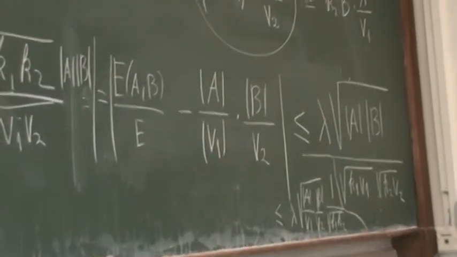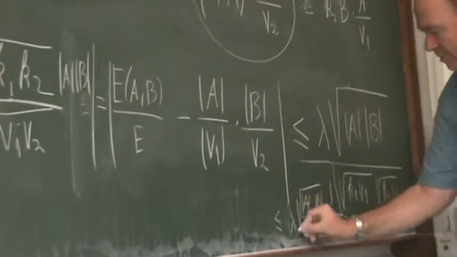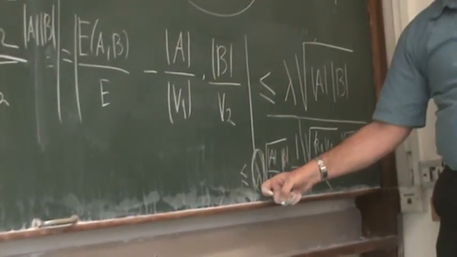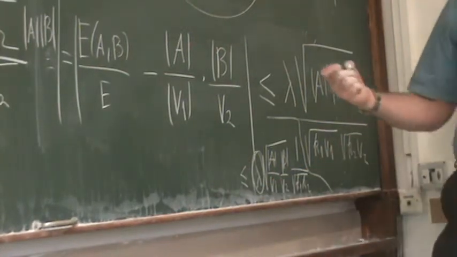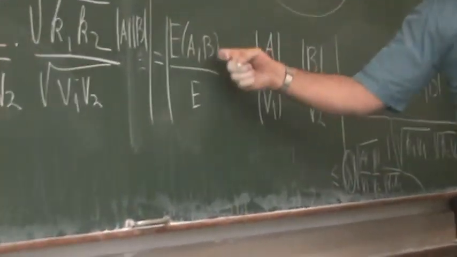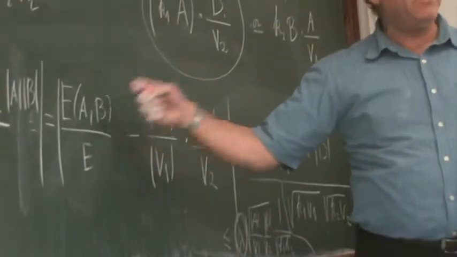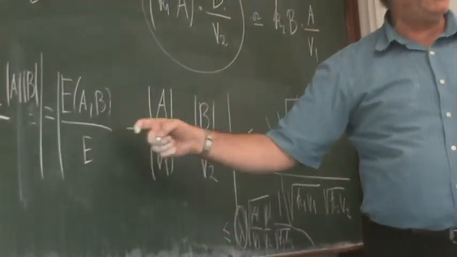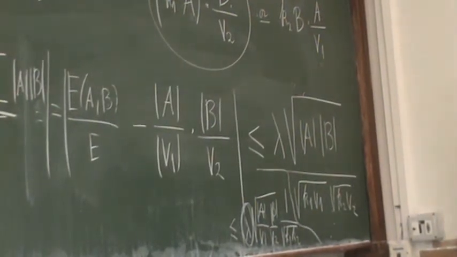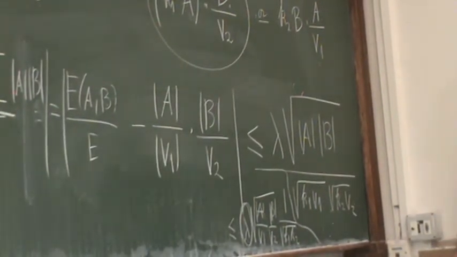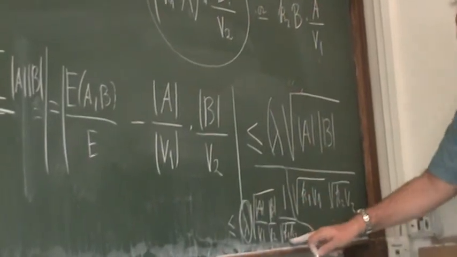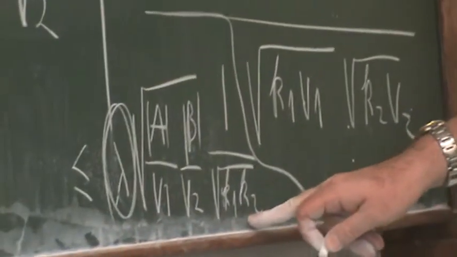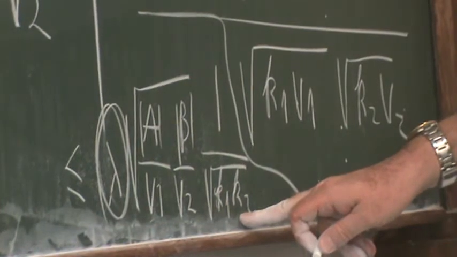We have here a way to evaluate, and the crucial number is this lambda. This lambda gives us a way to evaluate the difference between the random distribution of edges and the actual distribution of edges. So if lambda is very, very small, if the graph is very good, now you remember, look at this: we have lambda divided by the square root of K1 K2, and the square root of K1 K2 is the largest eigenvalue.